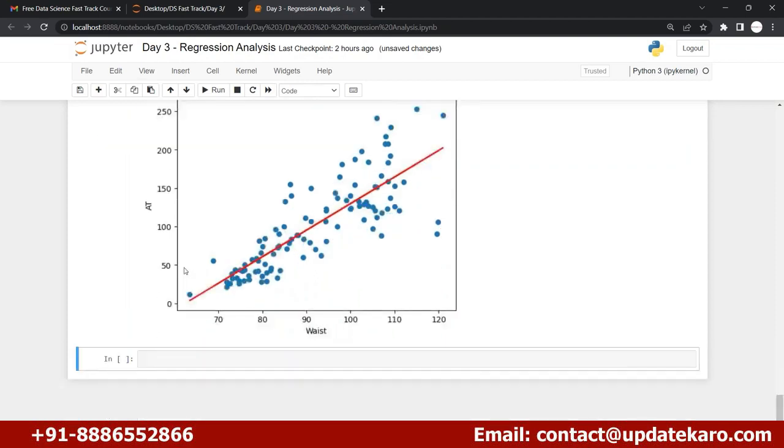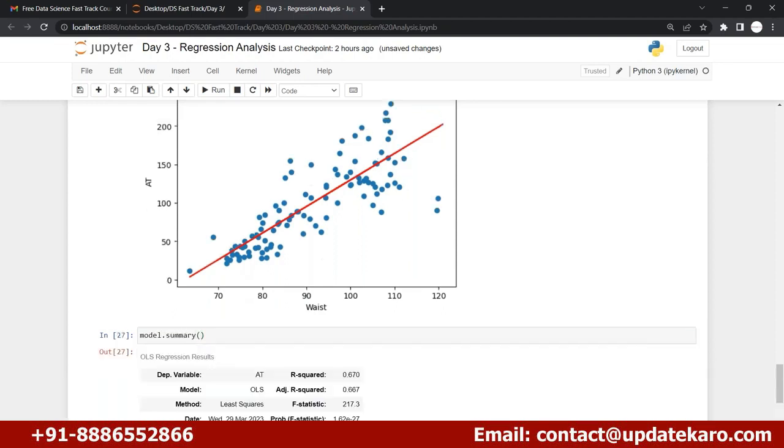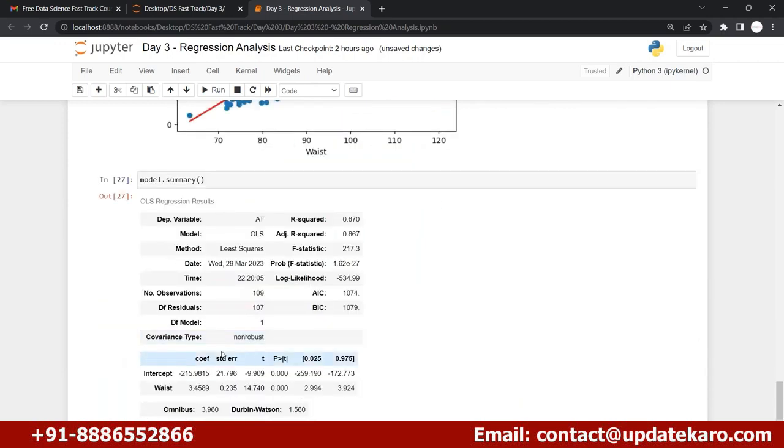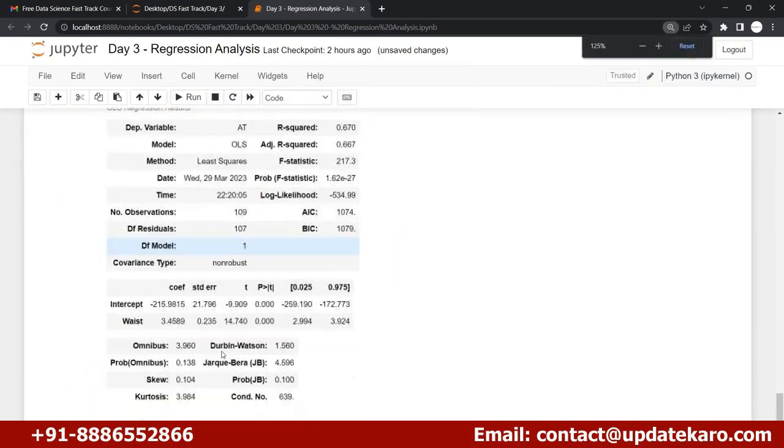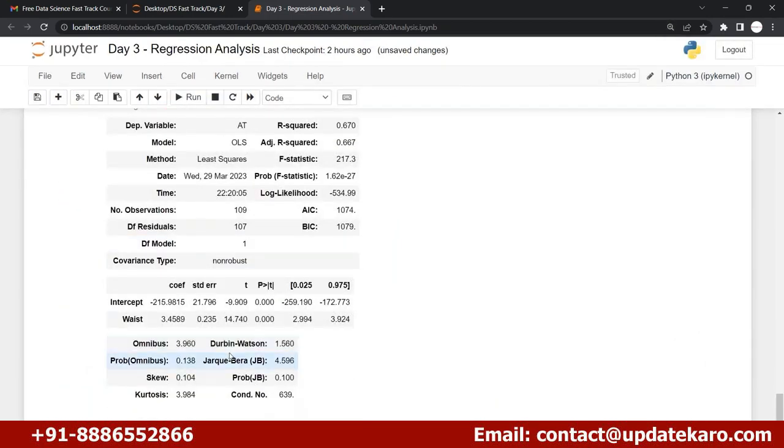Now see the summary of the model. Let me run it, and now you can see the beautiful summary of this regression model. Why am I saying beautiful?